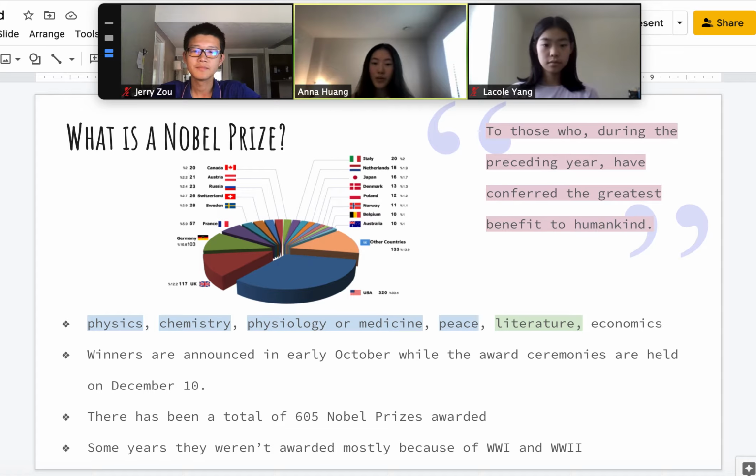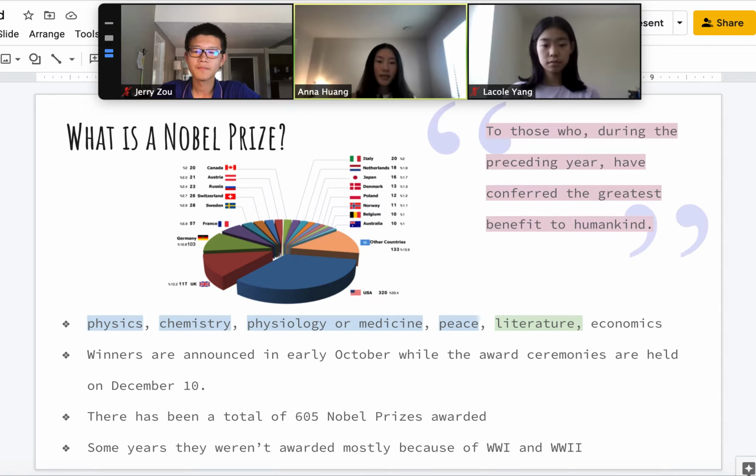Then if you go up here, there is a quote. This quote is mostly to symbolize those who are able to win the Nobel Prize. And it says, "To those who during the preceding year have conferred the greatest benefit to humankind." And this quote basically encapsulates the idea of what type of person should be receiving any of these 6 categories of the Nobel Prize.